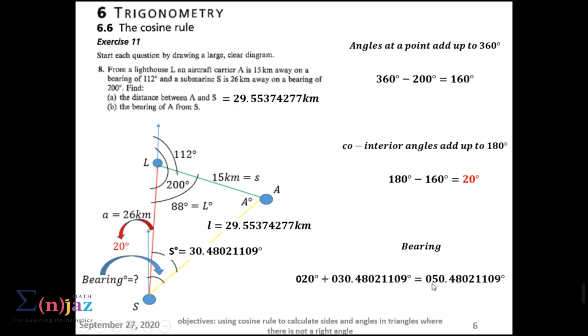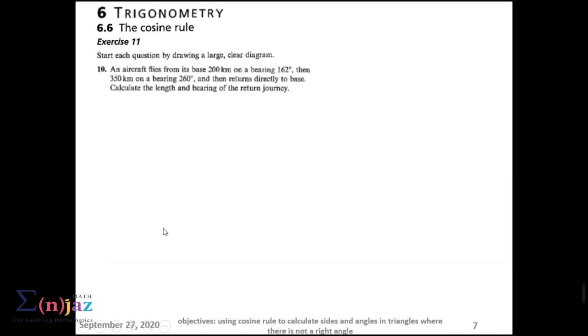Why did we write that bearing as 3 digits? 050.5. Because bearings are angles measured from the north clockwise, and it is composed of 3 digits. And this is the answer for the second part in this question.